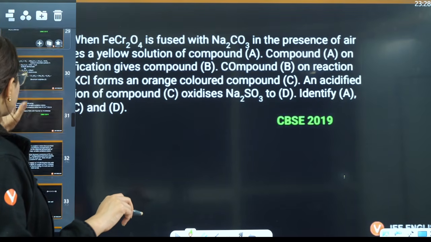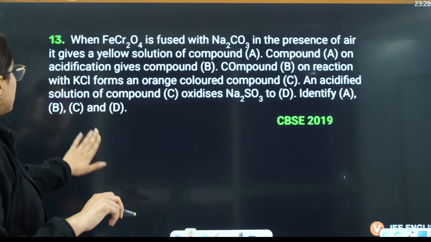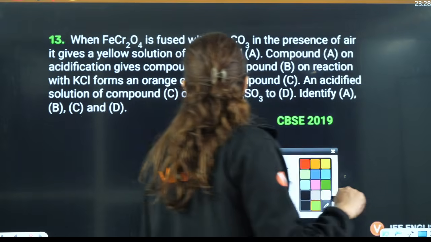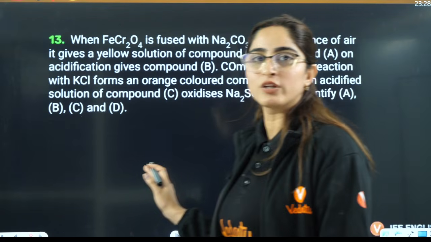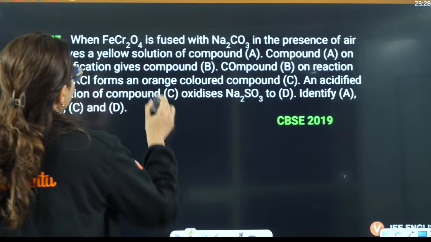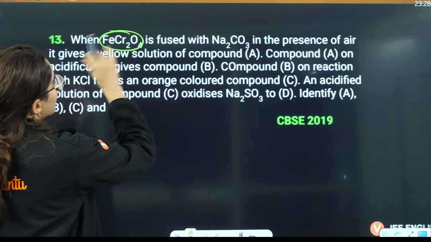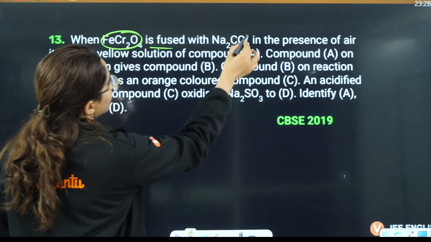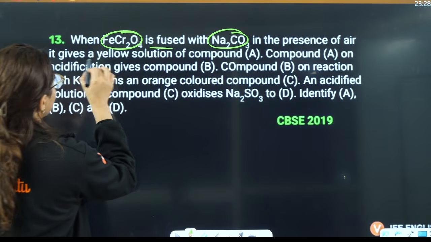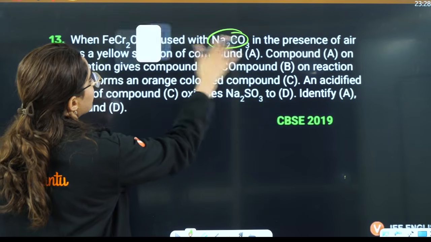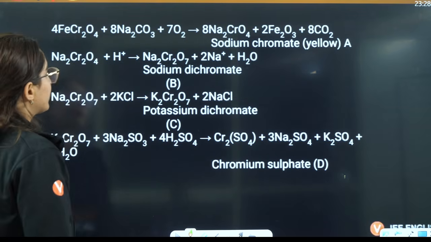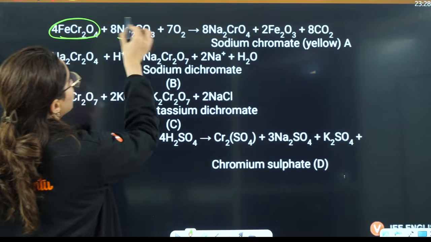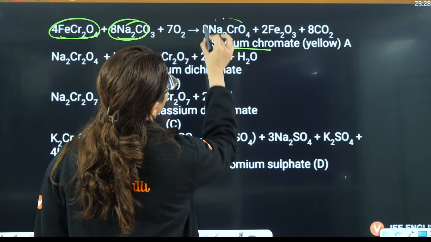Now let's see the next question, the 2019 question, which is purely based on the reaction part. When FeCr2O4, that is chromite ore, is fused with Na2CO3 in the presence of air, it gives a yellow solution of compound A. Compound A is nothing but sodium chromate.